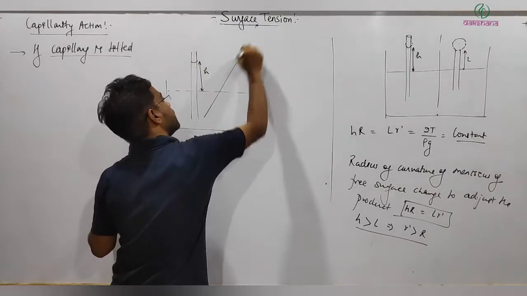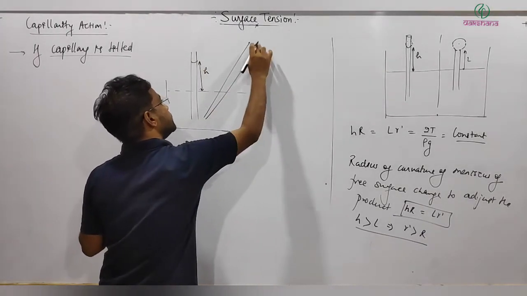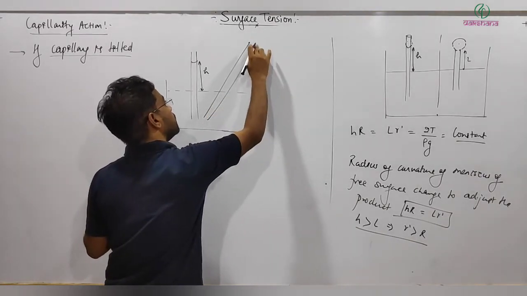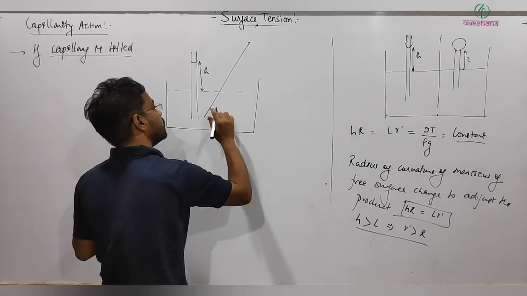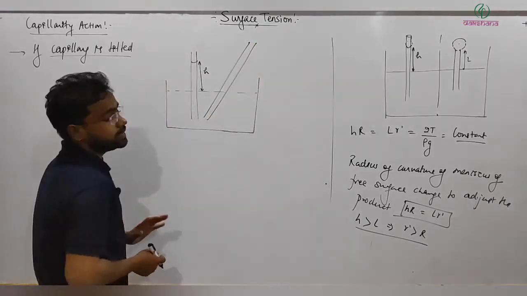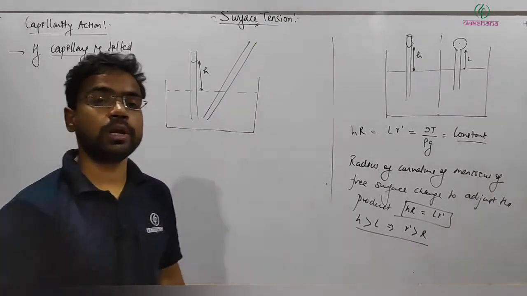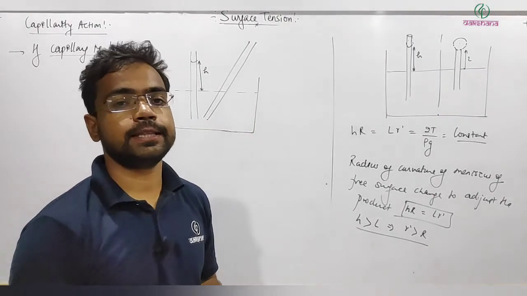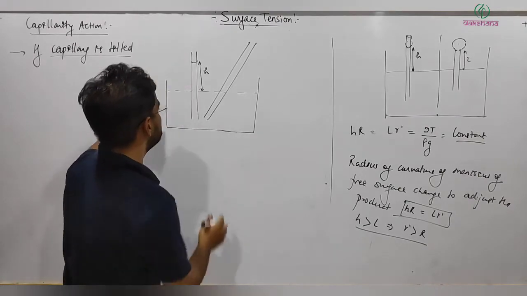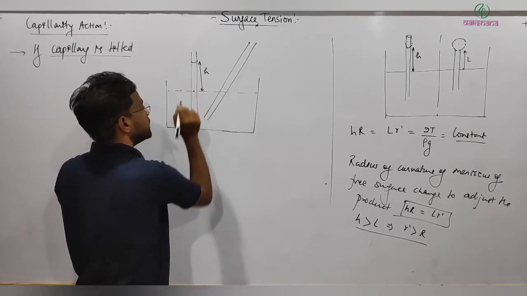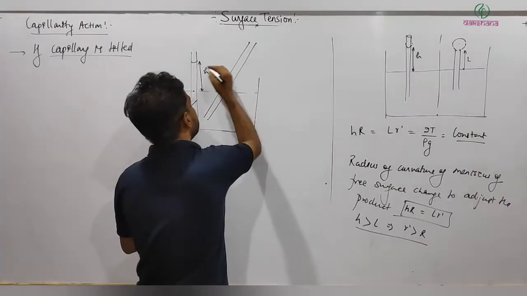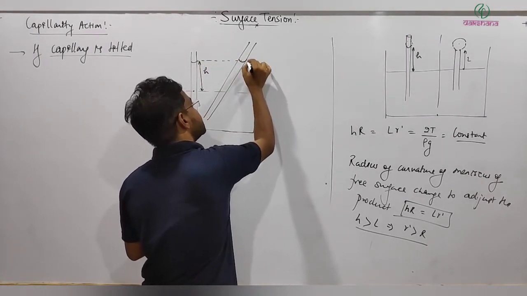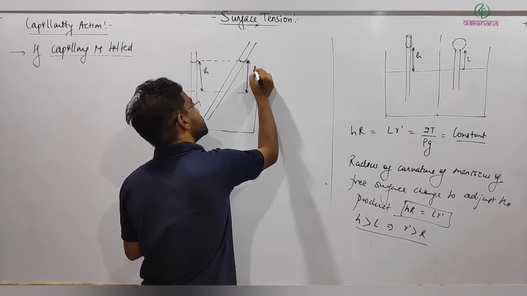Next case, the capillary is tilted. Okay, then what will happen actually? You need to relate it with the first explanation, that the liquid rises to keep the pressure here constant. So the liquid will rise in such a manner that this h remains constant.